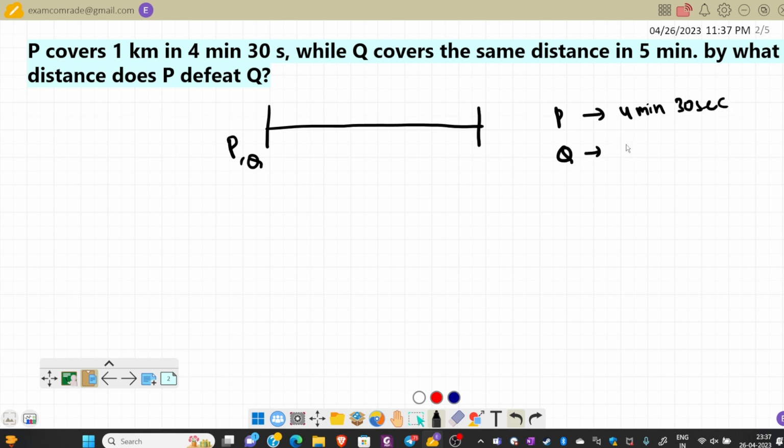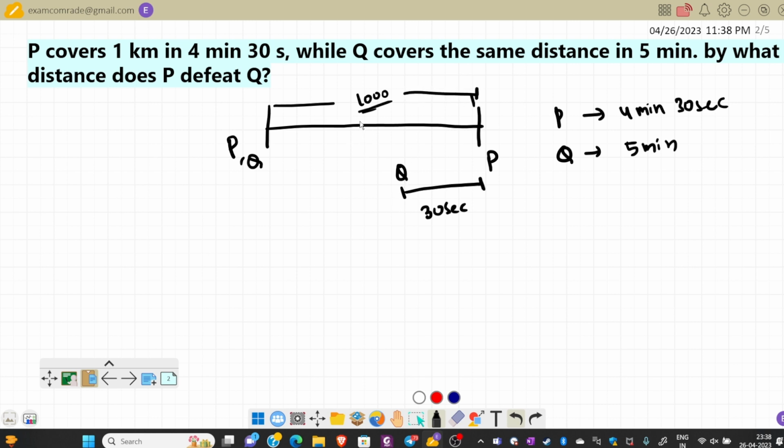Q takes 5 minutes. So when P reaches here, Q will be somewhere here and he needs 30 seconds to reach this 1000 meters milestone.